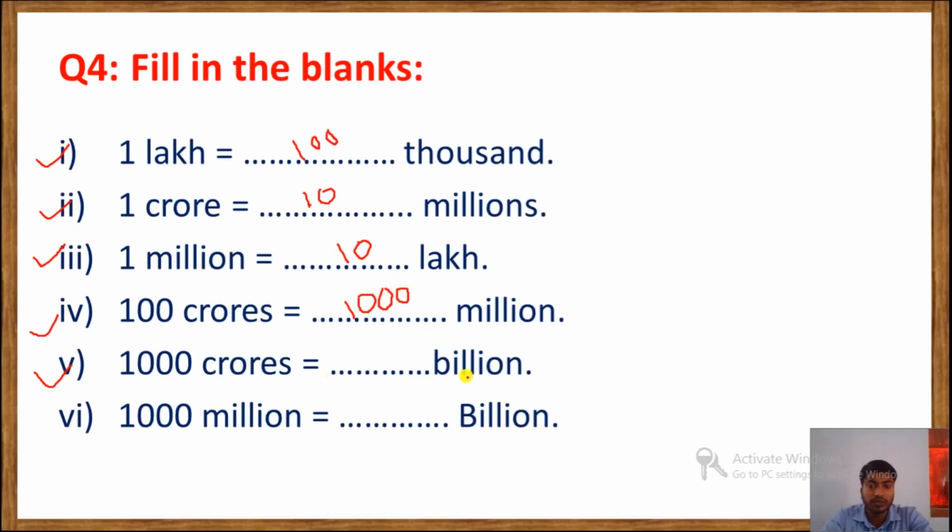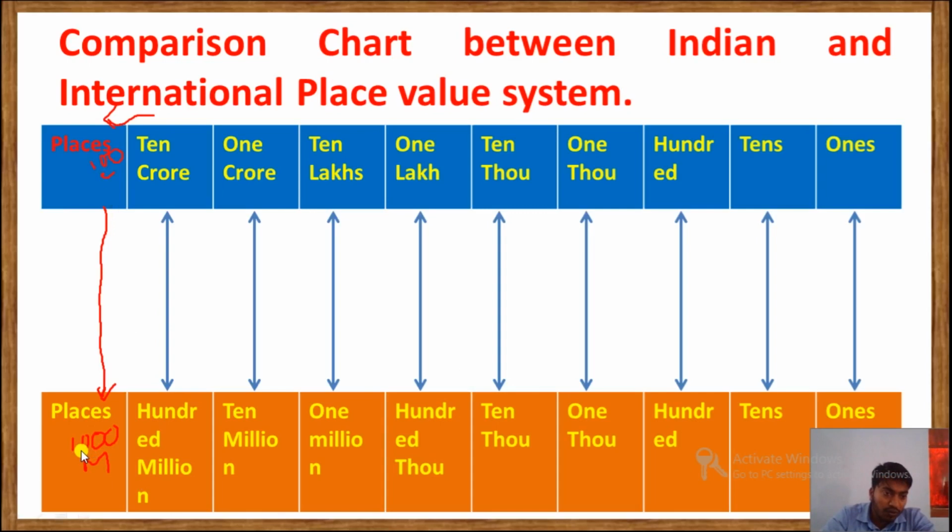1000 crore is equal to dash billion. As I already told you, 1000 million is equal to 1 billion, and here we have 100 crore. When we move further by one step, this will be 1000 crore.